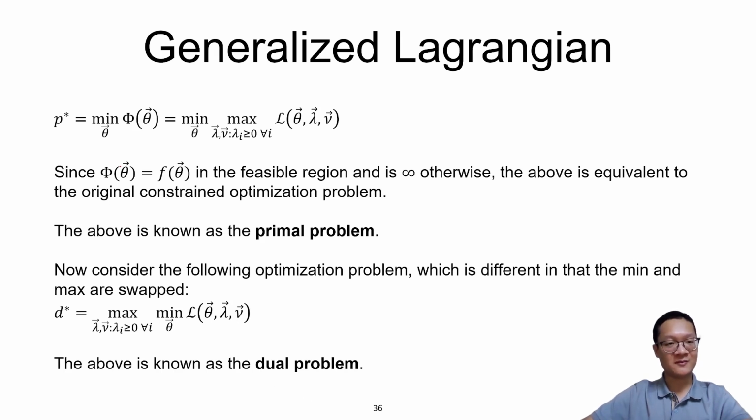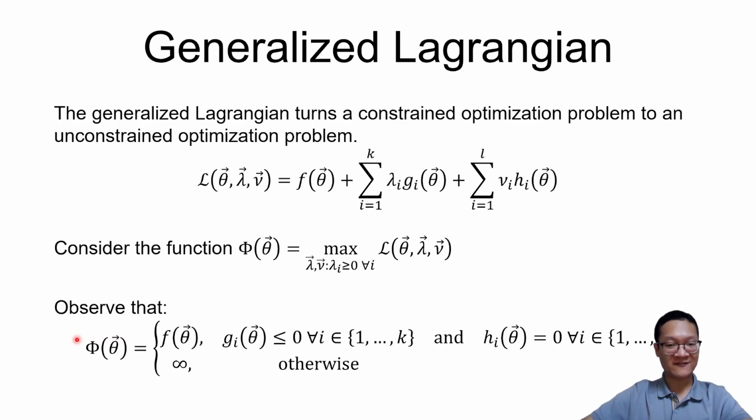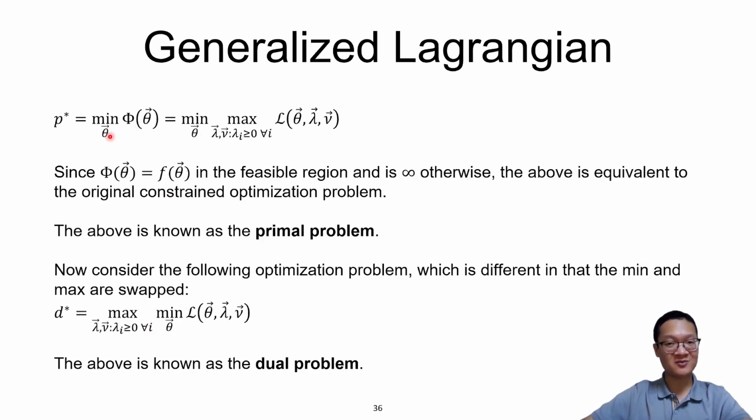Okay, so that means that we can define a few more terms here. We're going to define P star to be min over theta of phi of theta. So P star is actually the optimal solution to our original problem. By defining phi, we can write P star as a single expression.